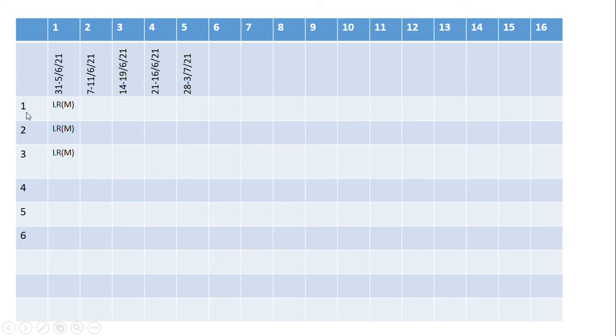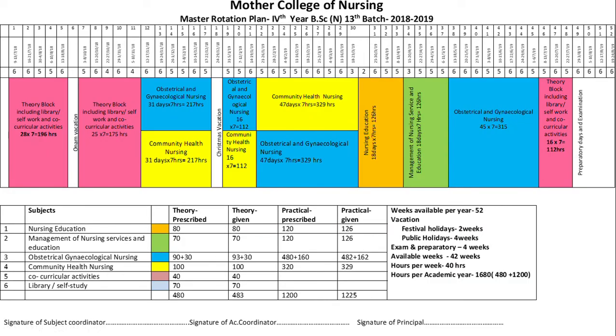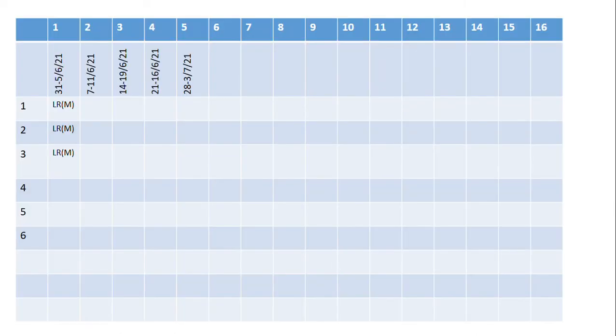Here we have to write the number of students. In the mass rotation plan, we have not written the number of students, how many or which students. For example, for row number 10, where she is posted in July, we don't know, because it is the overall master plan for the year. But the clinical rotation clearly specifies on which day a particular student is in which area of posting or which ward she is going.